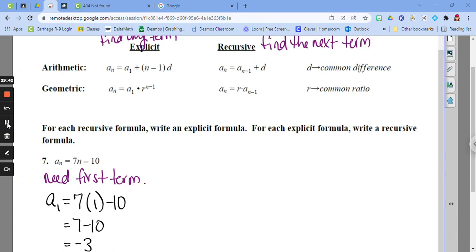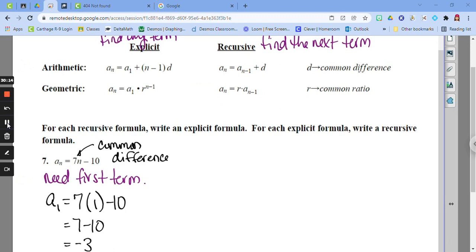So the common difference is right here. Sort of. So that rate of change, the slope in the linear equation, that's your common difference.